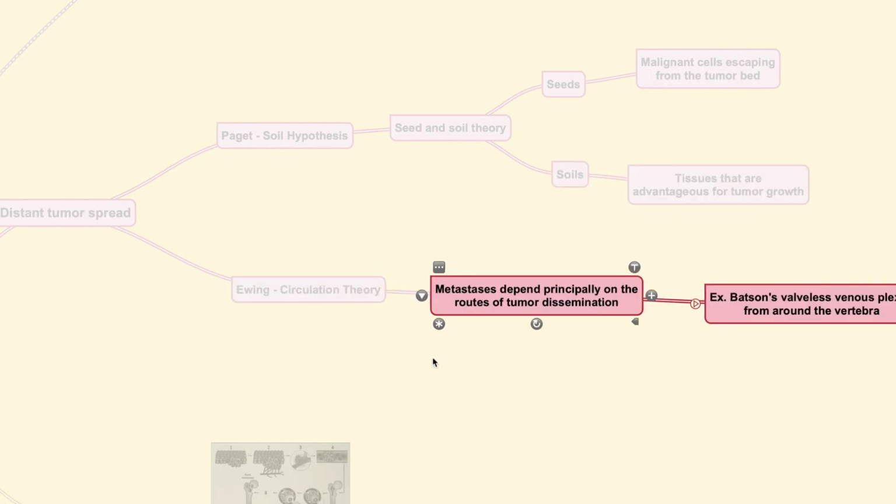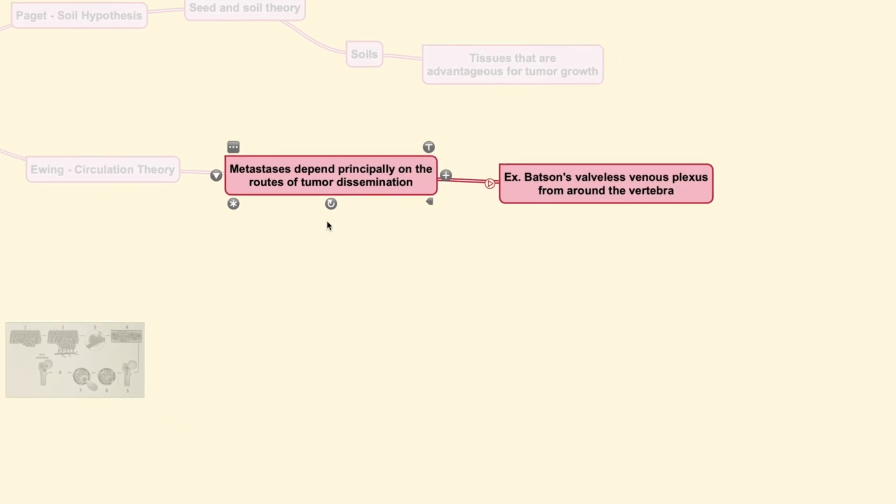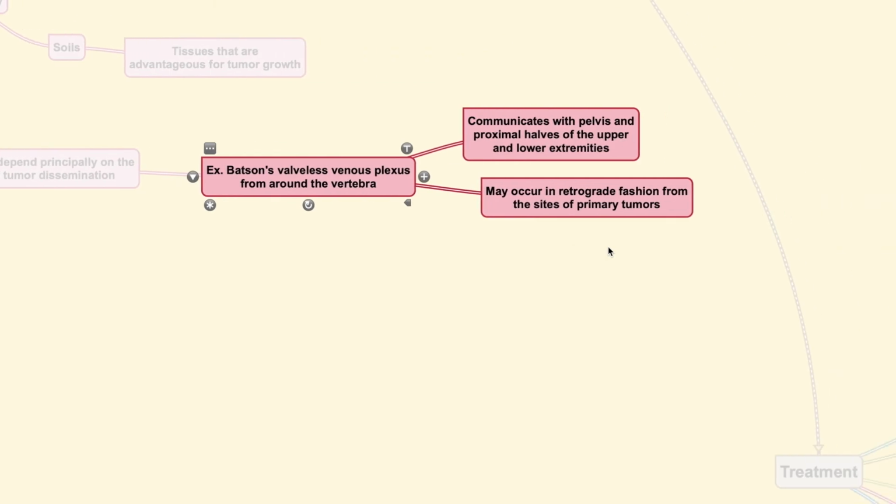Next is the Ewing circulation theory. It mentions that metastasis depends principally on the routes of the tumor dissemination, such as the Batson's valveless venous plexus that forms around the vertebrae. And this explains why certain tumors can metastasize in only certain specific locations.